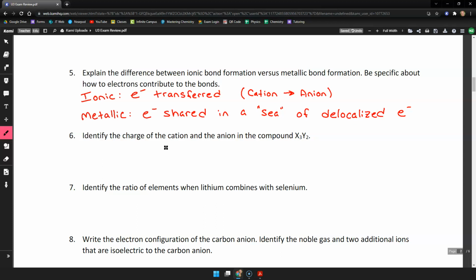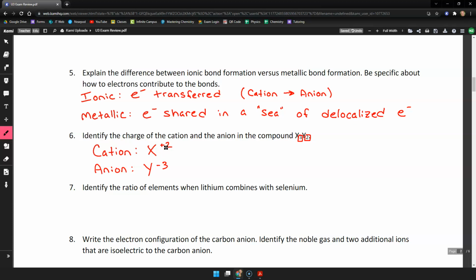All right, identify the charge of the cation and the anion in the compound with subscripts 3 and 2. All right, so this happens quite often where we have kind of a weird thing going on here. So I know for sure the cation is going to be +2, and the anion will be -3.